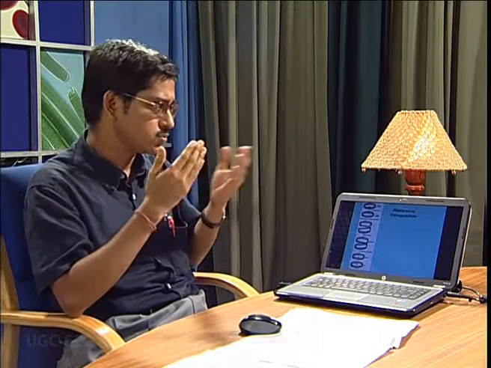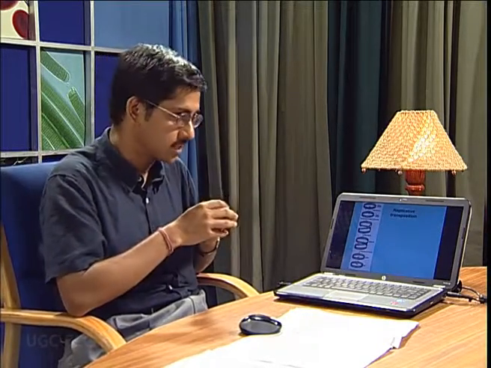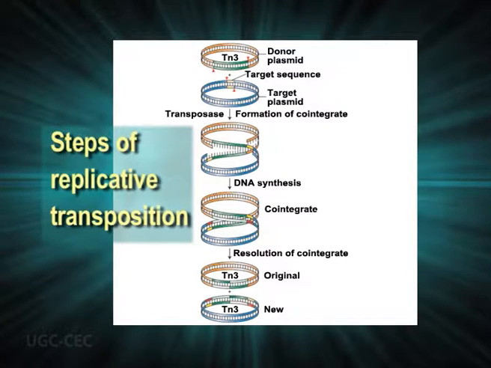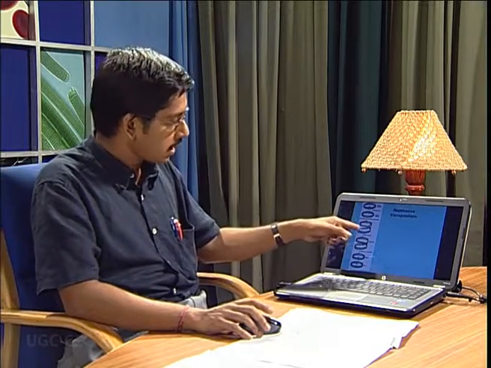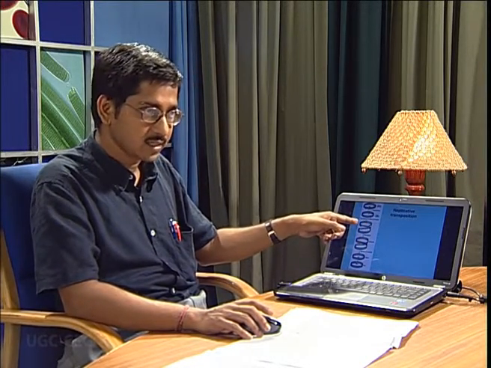One good example is Tn3. Once they come near each other, first there's a single-stranded cut on the donor side and a double-stranded cut on the acceptor or target side. Then there is a 3' and 5' linkage between the donor and the acceptor or target DNA. And still there are some overhangs lying.